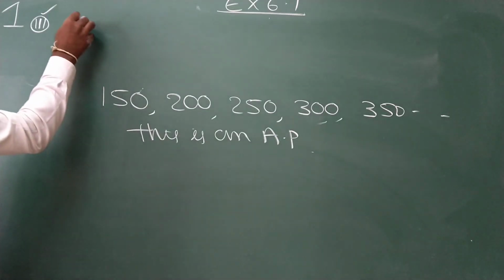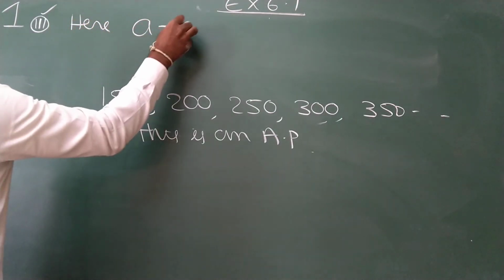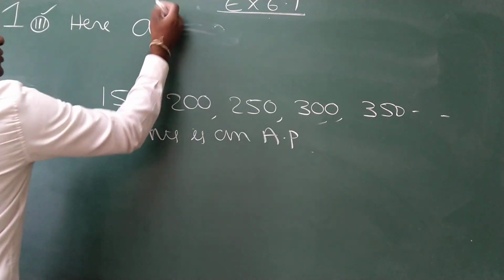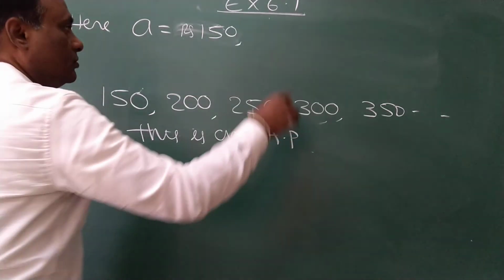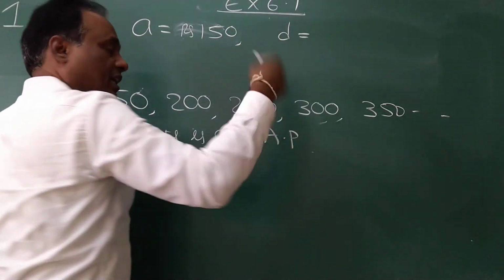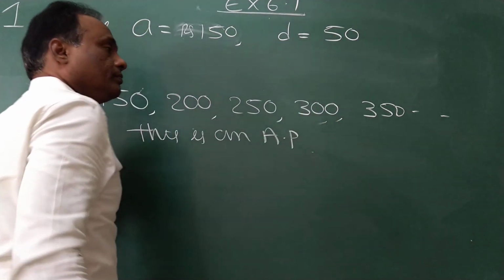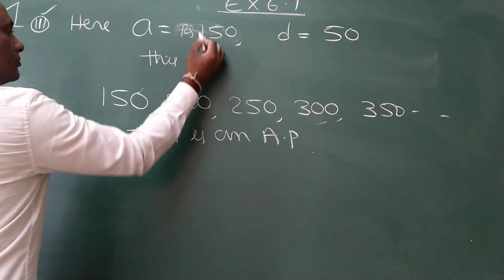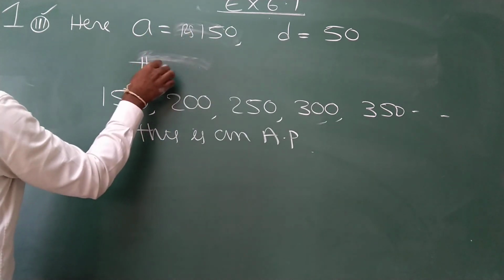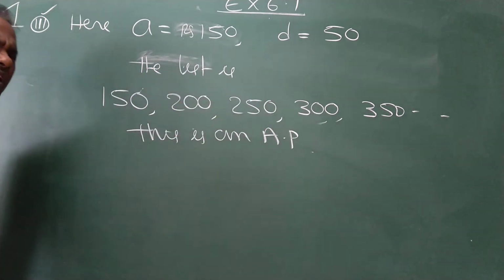Write down. Here A is equal to 150 rupees. First 1 meter, 150. The difference, each meter, 50 rupees. You write down this list also.